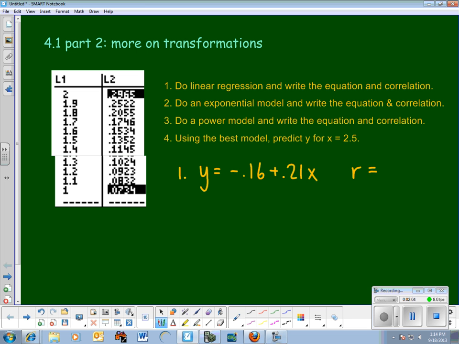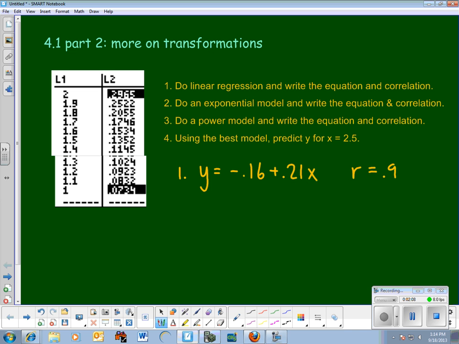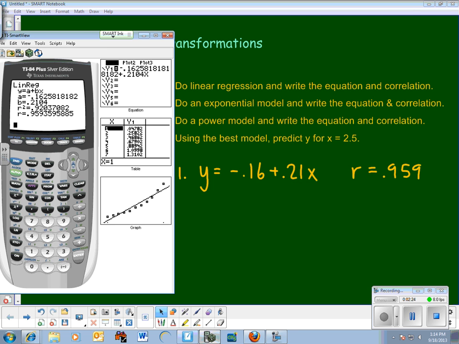And the correlation on that straight line is 0.959. So we've seen some examples like this before where the straight line correlation is pretty good even though the data is obviously nonlinear. So you can't just look at that high correlation and say that a line is a good model, because this is definitely not a linear pattern.